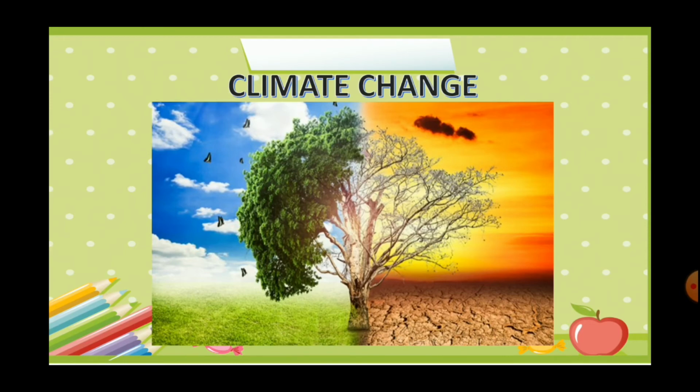We are adding greenhouse gases by deforestation also, because forest plants consume carbon dioxide, and if we cut down the trees, the consumption of CO2, carbon dioxide, will decrease, and carbon dioxide is a greenhouse gas. So this results in global warming, an increase in the temperature of the earth.